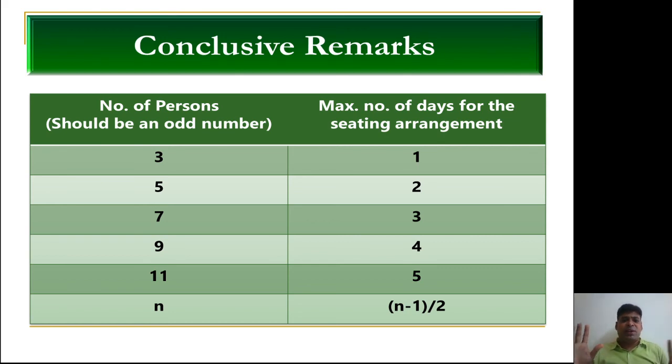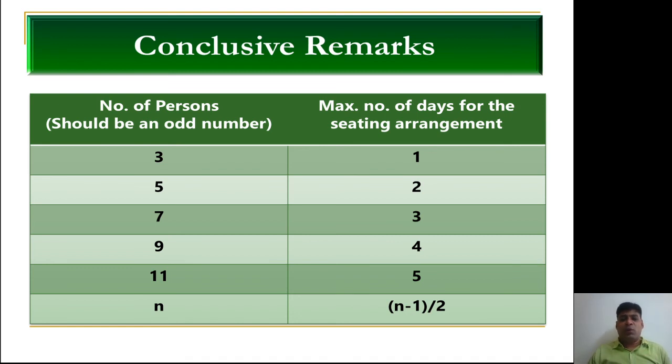For 7, we can try it out by taking a notebook and pen, drawing case 7 and tracing out what I have demonstrated by means of the figure, and we'll get the conclusion that when the number of persons goes to 7, the number of edge disjoint Hamiltonian cycles goes to 3, and therefore the maximum number of days for the sitting arrangement goes to 3.